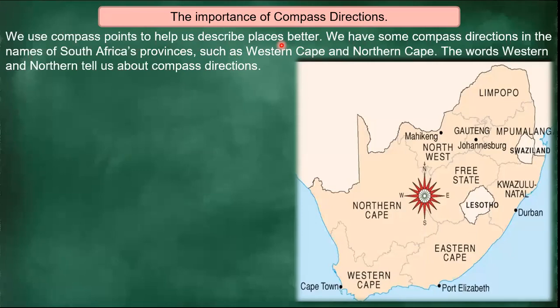As you can see here, I'm pointing at the Northern Cape. It's on the northern side of the Cape. We have the Eastern Cape, and the Western Cape. We also have North West. Those provinces are named after their directions.